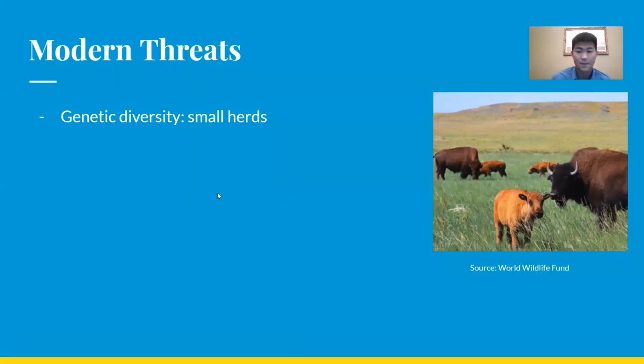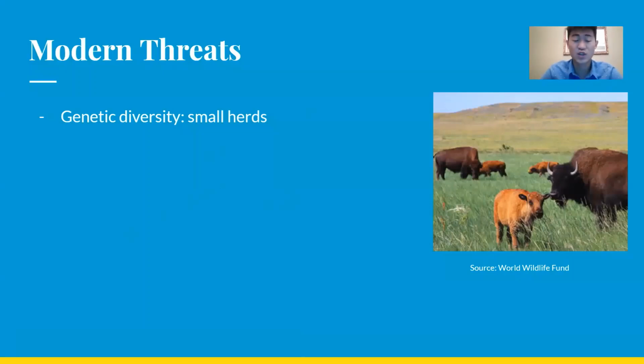Because, like I mentioned, there's only 20,000 in the wild and only a handful of herds out there, this causes some issues with the genetic diversity. Because as you learn in biology in freshman year, genetic diversity is very important for the success of a species.